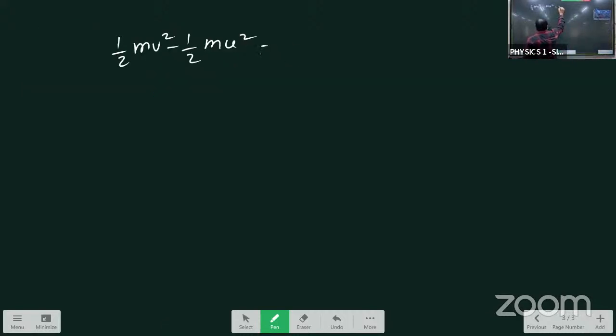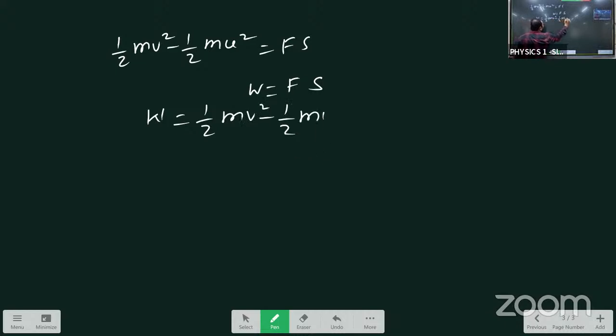And force into displacement is nothing but work. So overall we get work equals half m v square minus half m u square. This is our work energy theorem.